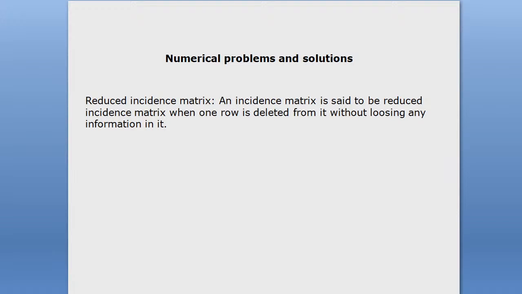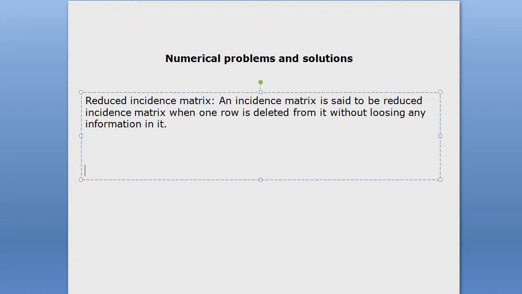Now you tell me what will be the order of a reduced incident matrix if the order of the original incident matrix is N by M. You know N is the number of nodes and M is the number of branches. Now let me write it.